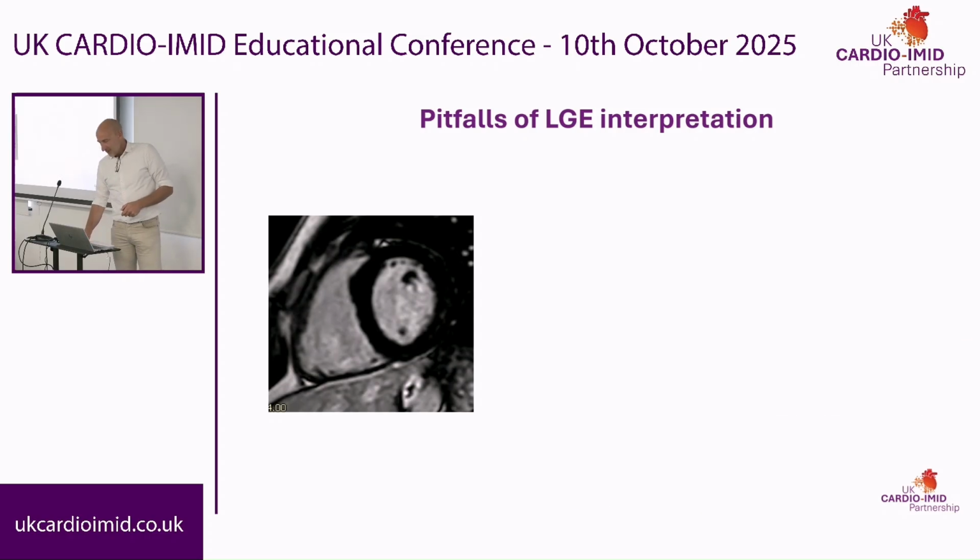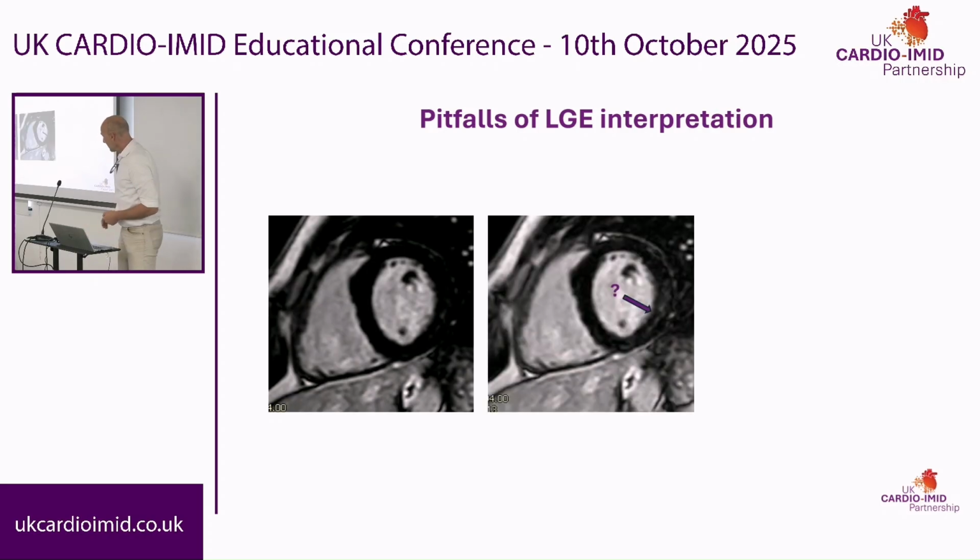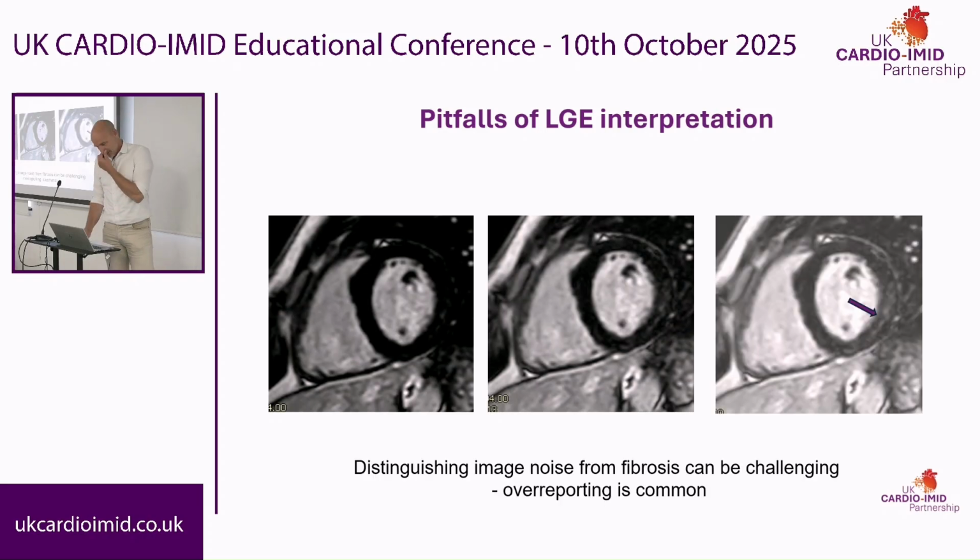But let's go back to that first picture, which we all thought was normal. If I window that a little bit more aggressively, we begin to see something in the lateral wall. If I window it even more aggressively, there's another thing that probably is a bit of mid-wall enhancement in the lateral wall. So that shows where experience unfortunately comes in. It's a visual technique. It's not objective. And with the fellows, when they start out, there's a lot of over-reporting.